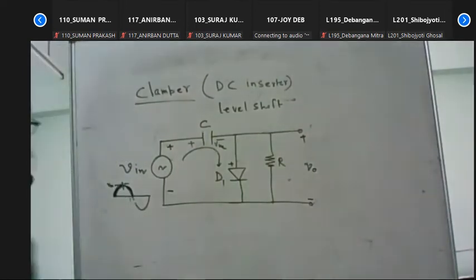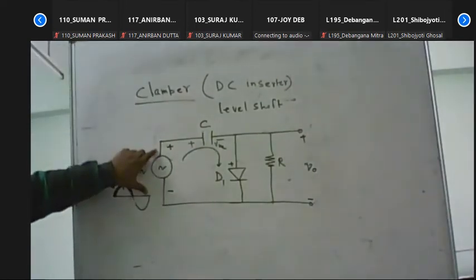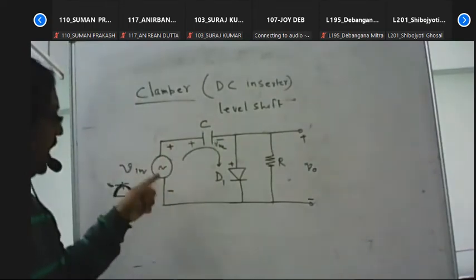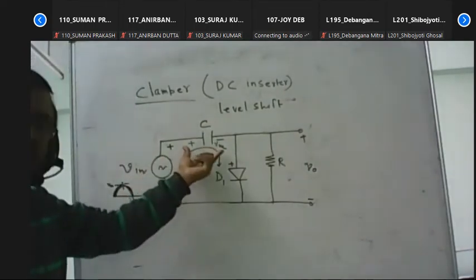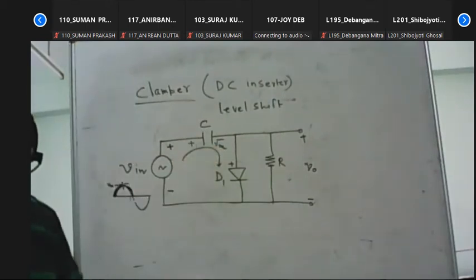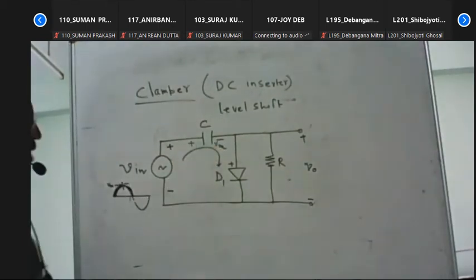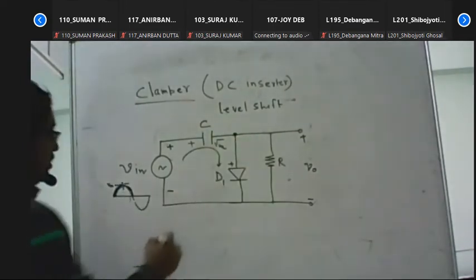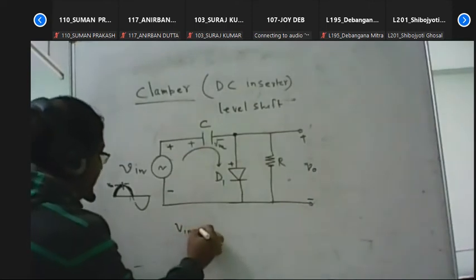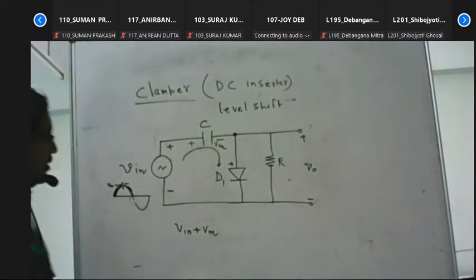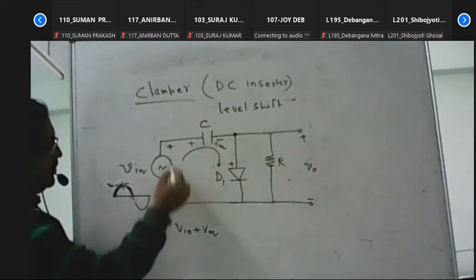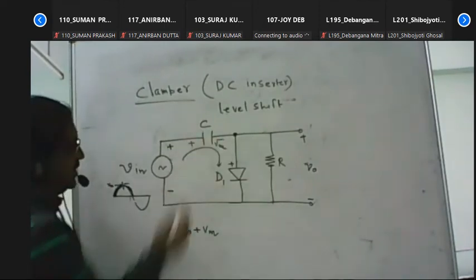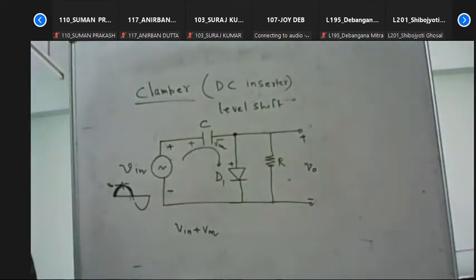So what happens? The input signal value decreases and becomes less than VM, and due to this voltage source, the capacitor is already charged to the maximum value VM. So the voltage at that point equals V minus VM.